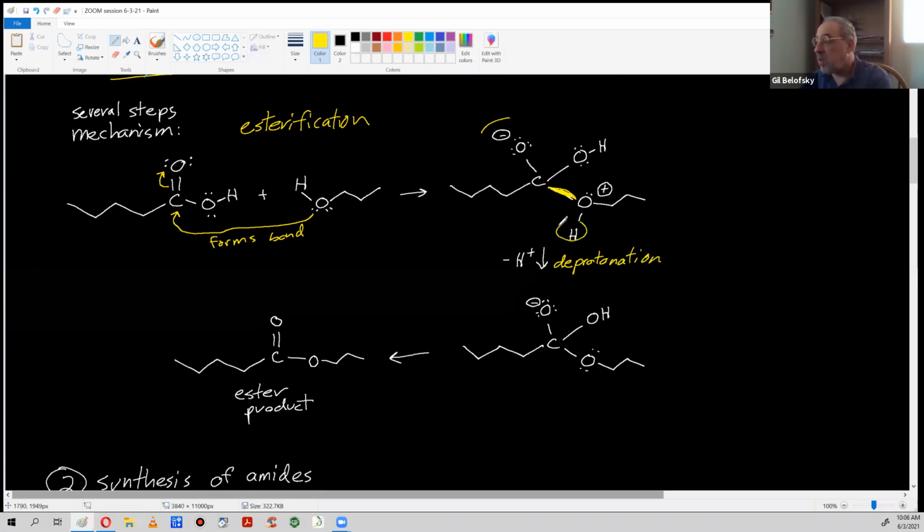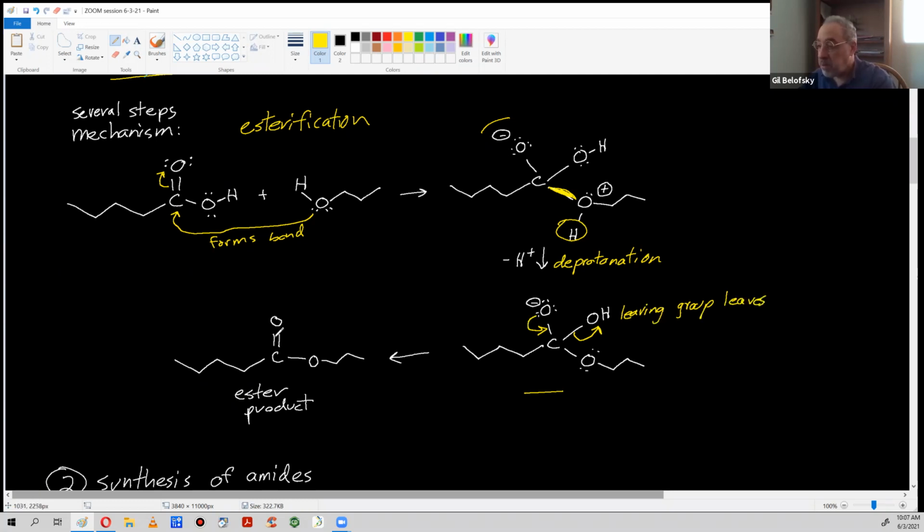In this case, this hydrogen gets removed probably by water. That's an easy enough reaction. And that brings us to here, which is primed for reforming the carbonyl group and displacing off the OH as a leaving group. So this leaving group leaves.